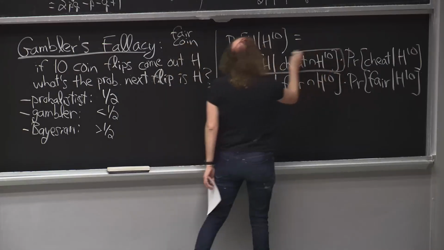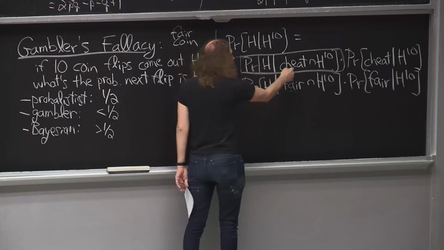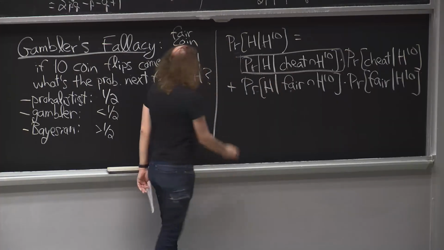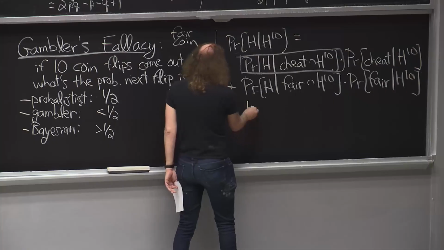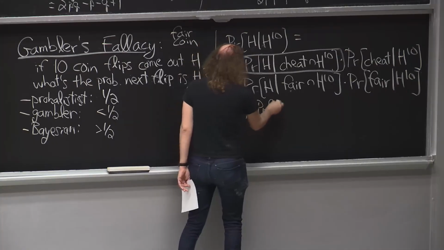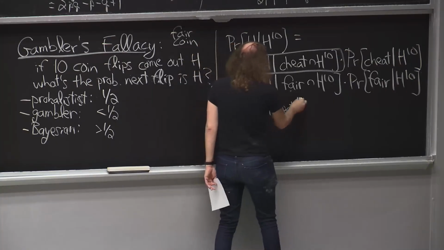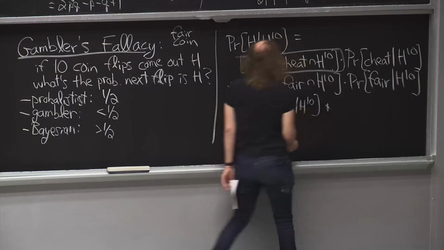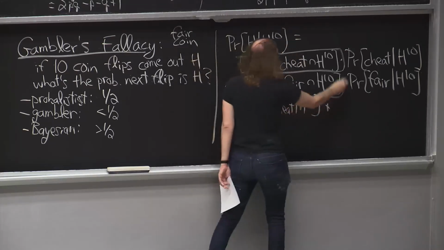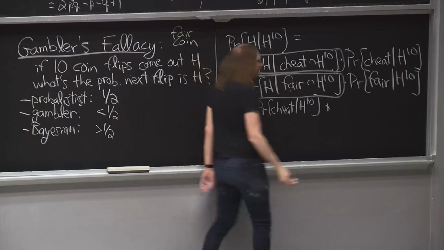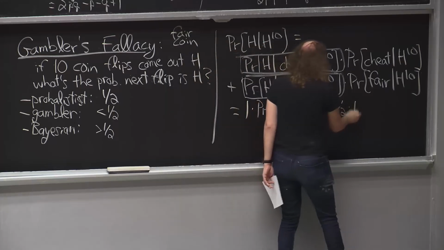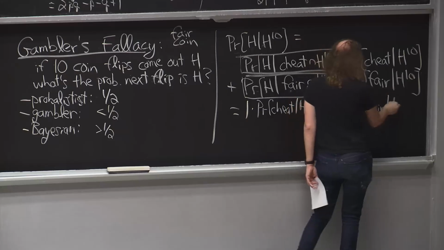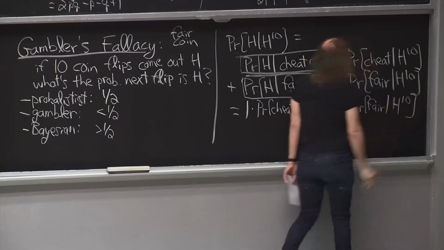The probability of heads with a cheating coin that is heads on both sides is 1. So it's 1 times the probability of cheating given h to the 10, plus the probability of heads with a fair coin, which we know is a half, times the probability you're using a fair coin, given that I've seen 10 heads.